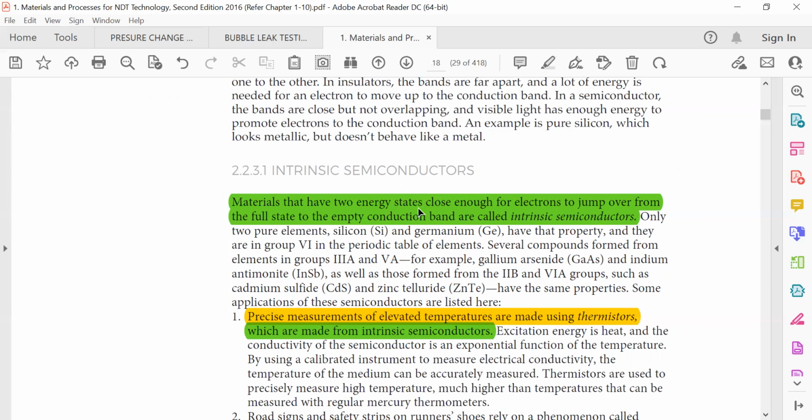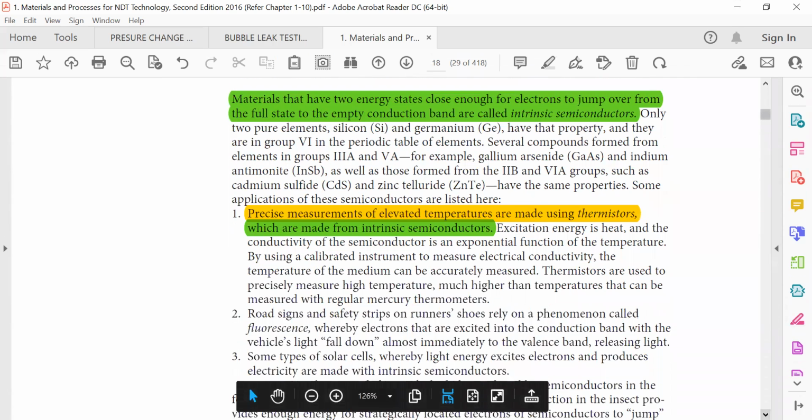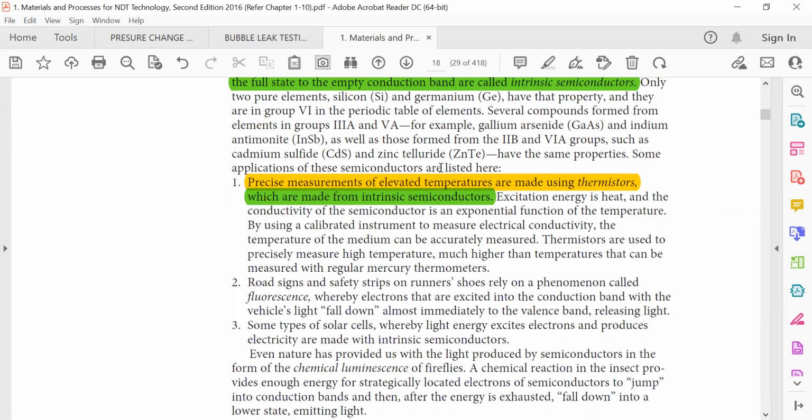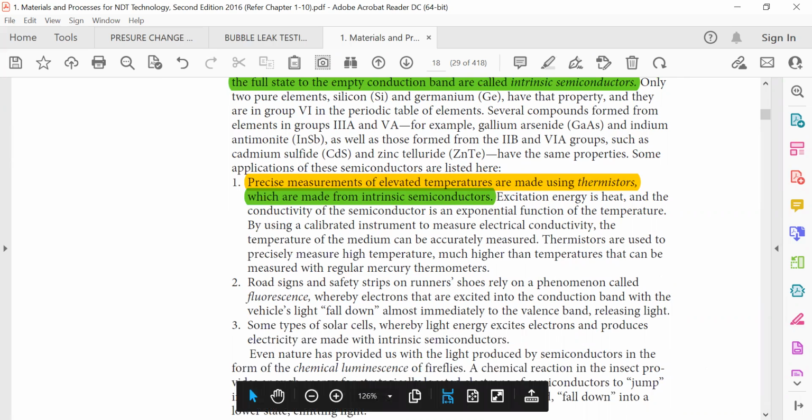They are pure semiconductors. With doping it is different. Precise measurements at elevated temperature are made using thermistors, which are made from intrinsic semiconductors. So pure semiconductors are these. Road signs, safety vests, and shoes rely on the phenomenon called fluorescence.